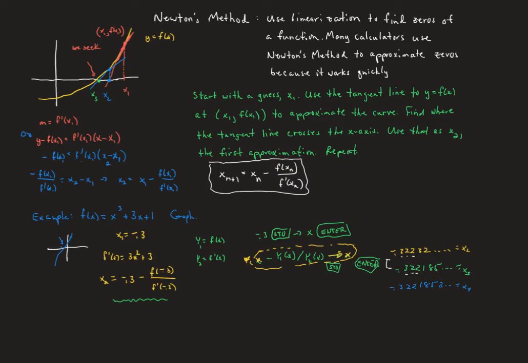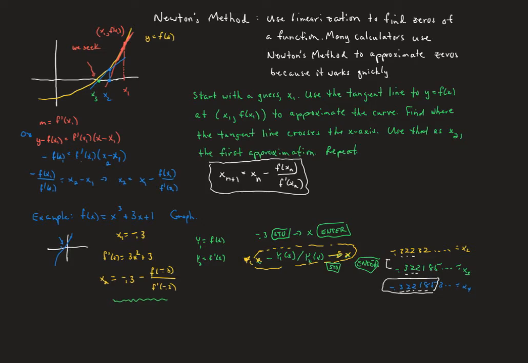So now we have agreement with the 322185 and so on. We can already see that we have our answer correct to 6 decimal places. It won't take very long before you'll get agreement to as many decimal places as our calculator can show, and so it usually goes really fast.